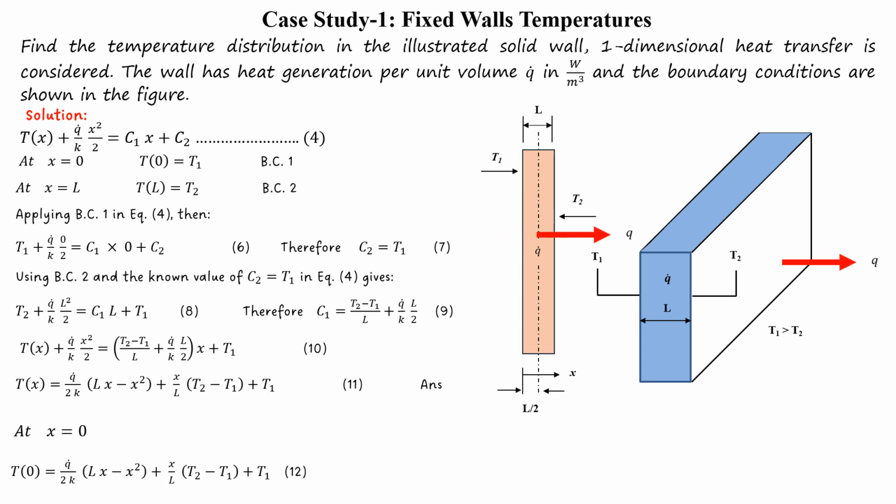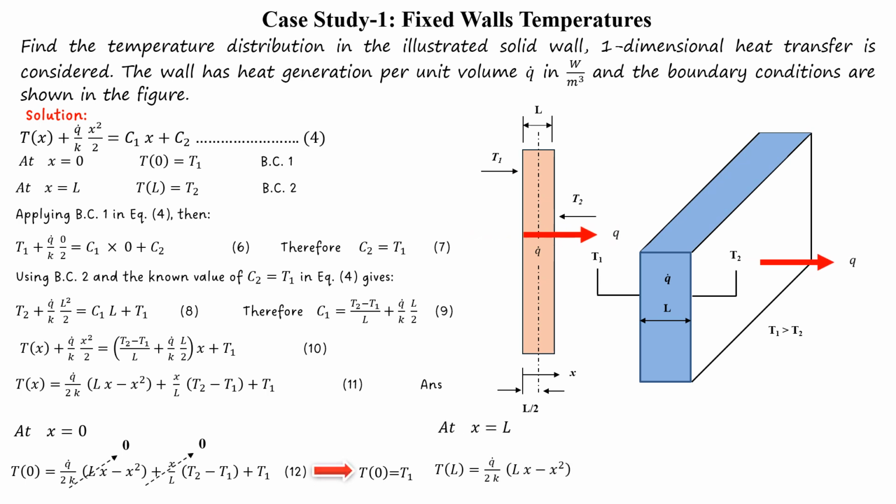So when x equal to 0, if we substitute x in equation 11, the first term on the right-hand side goes to 0, and the second term will go to 0. Then the temperature T of x equal to T1, which is the same as boundary condition number 1.